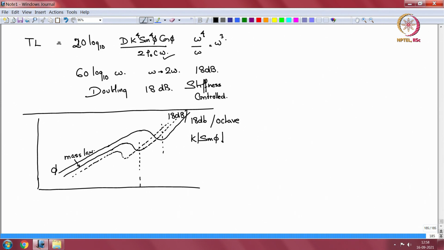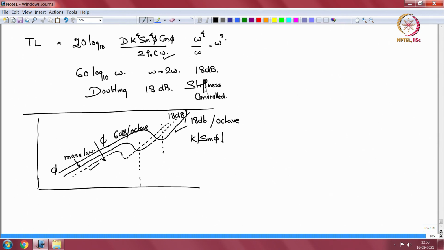Okay, so this is increment in phi. This is 6 dB per octave. They don't look very different, sorry. Okay, this is 18 dB per octave, this is 6 dB per octave.